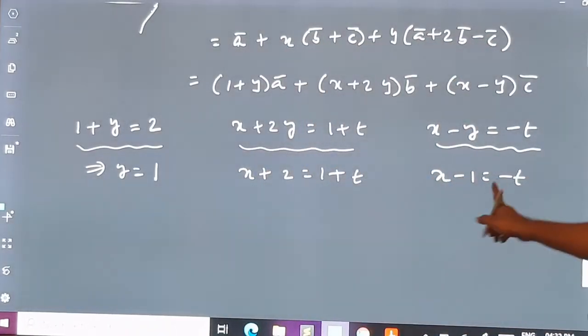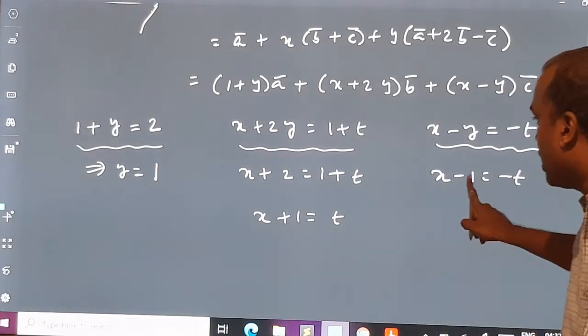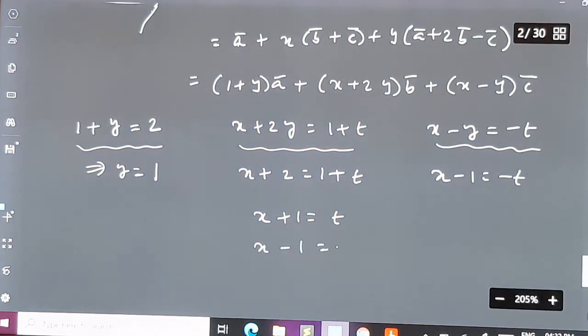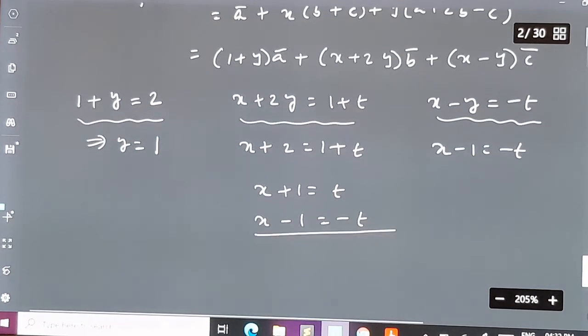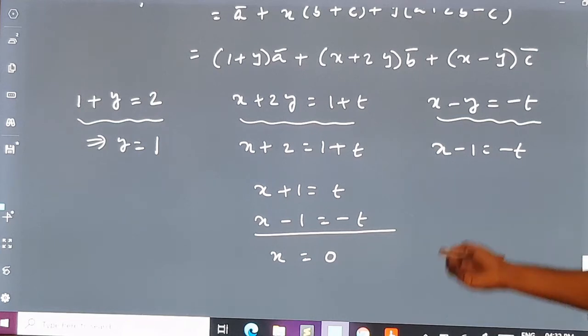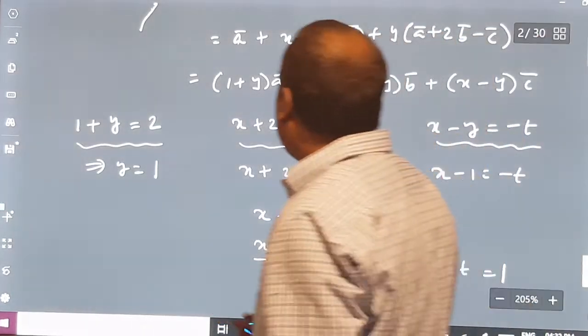I can write this one as x plus 1 is equal to t, and from here x minus 1 is equal to minus t. I add them, and you can see that I am getting x is equal to 0. Using x is equal to 0 here or here, it doesn't matter, you can see that your t value is nothing but 1.